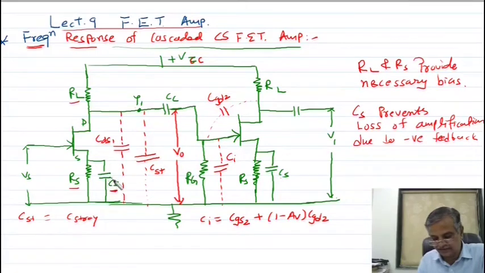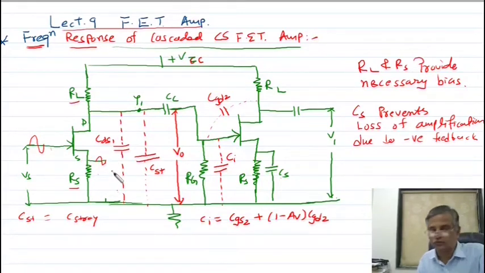I will explain in detail. Look here, if CS is not connected, then a voltage drop is developed here, and due to this voltage drop, your input voltage between these two decreases. As input voltage decreases, the output voltage also decreases. So this is called loss of gain or loss of amplification.